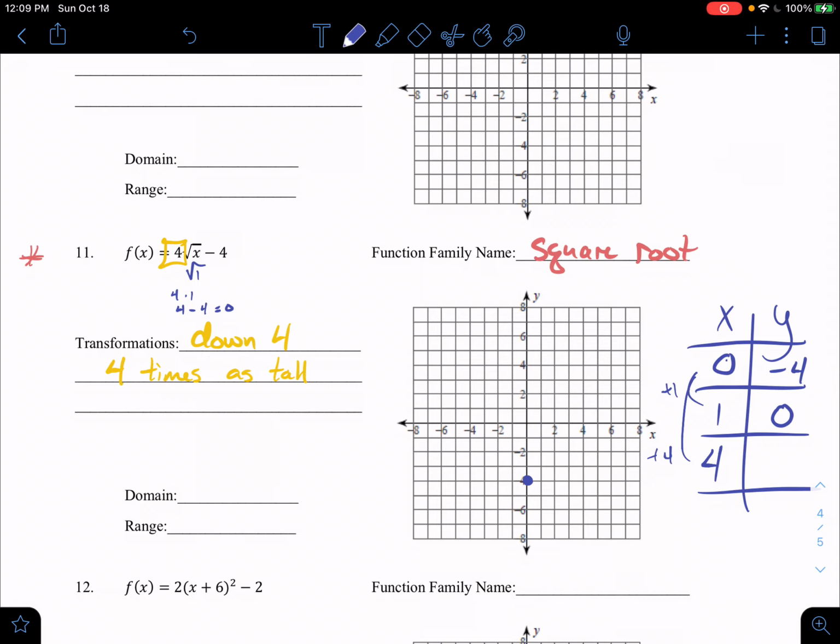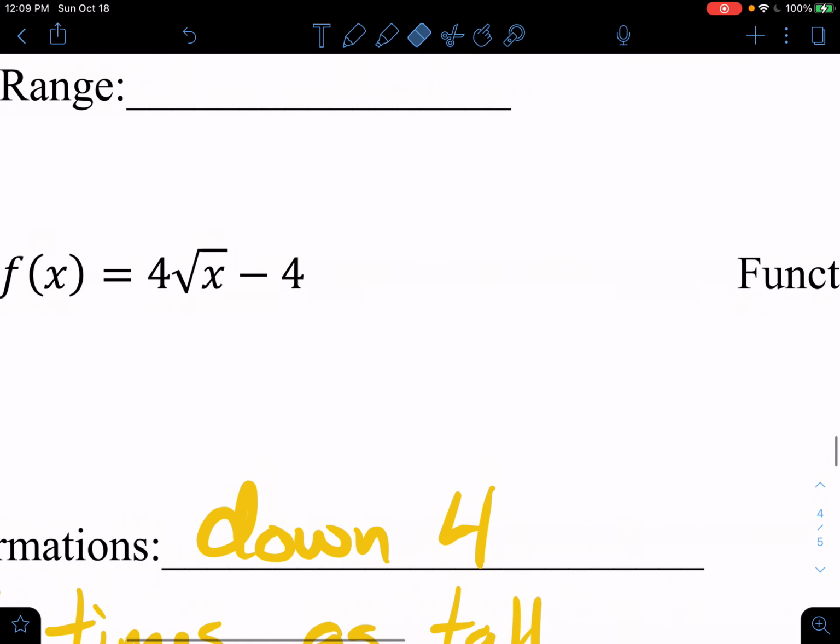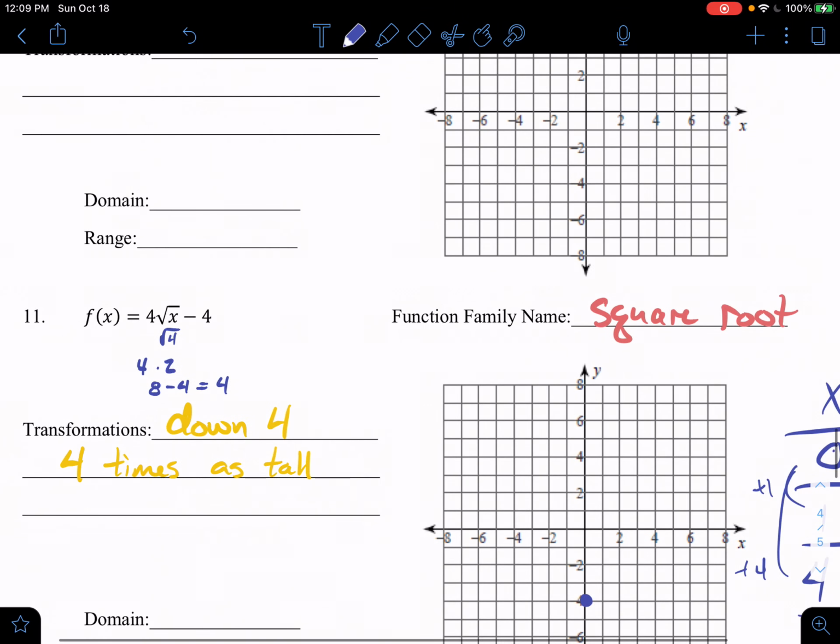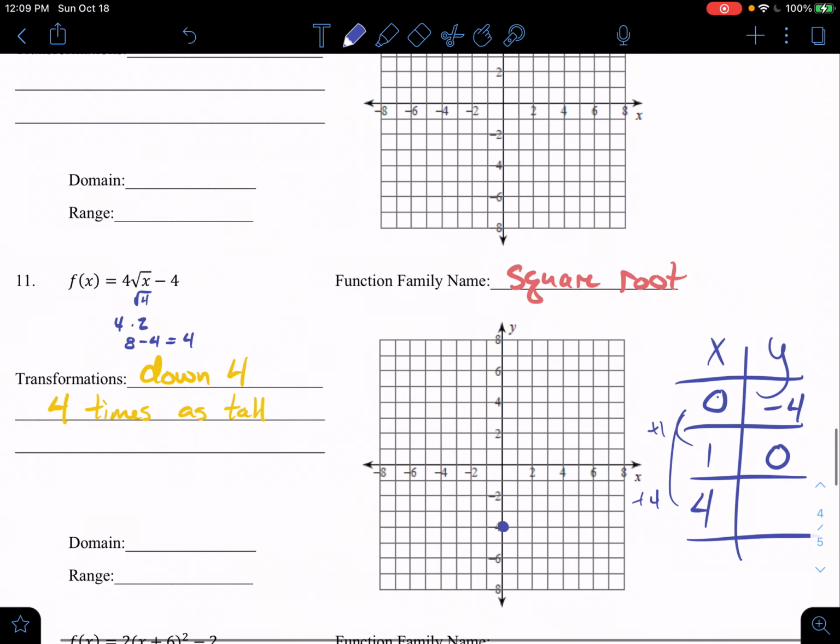So plugging in a 4, the square root of 4 will be a 2. That is, of course, 4 times 2, which is 8. 8 take away 4 is equal to 4. So I get a 4 when I plug in a 4. So I know that I will have 1, 0, and 4, 4. So this is my square root function right now.